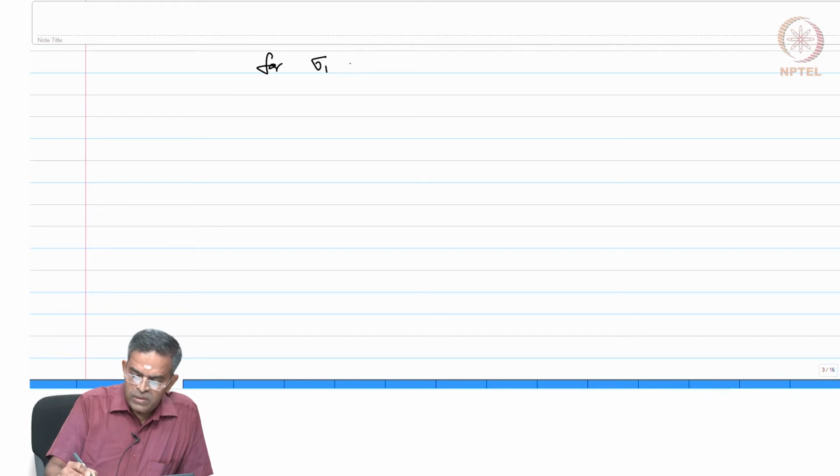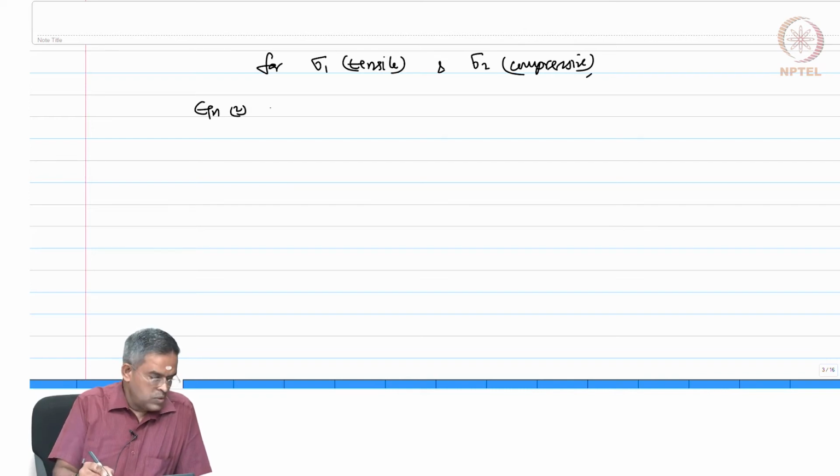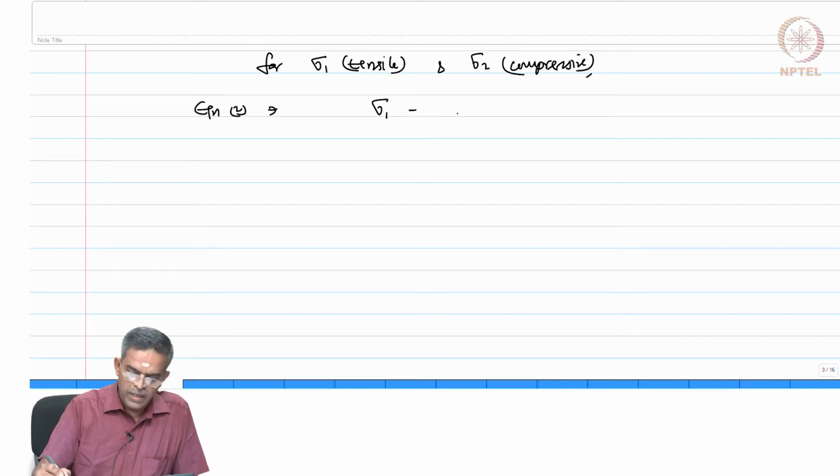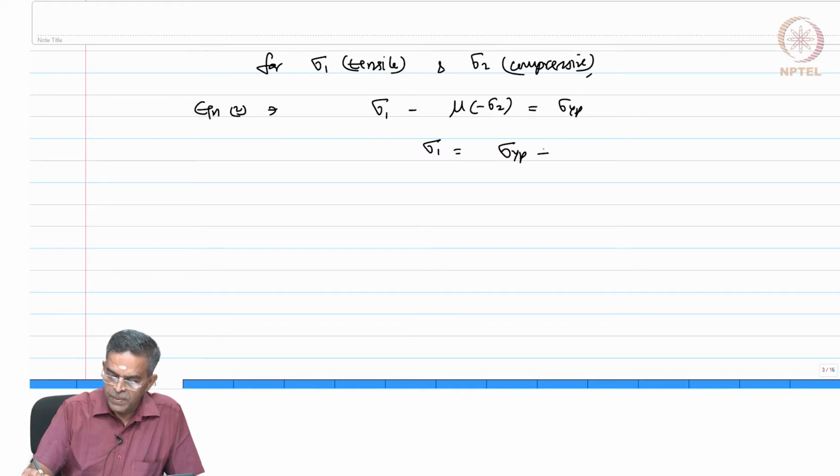For sigma 1 tensile and sigma 2 compressive, equation 2 will become sigma 1 minus mu of minus sigma 2 as sigma yp, which says that sigma 1 will be sigma yp minus mu sigma 2.